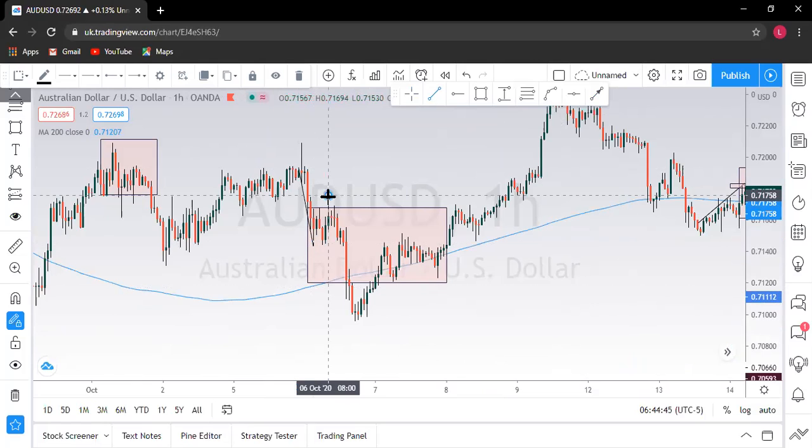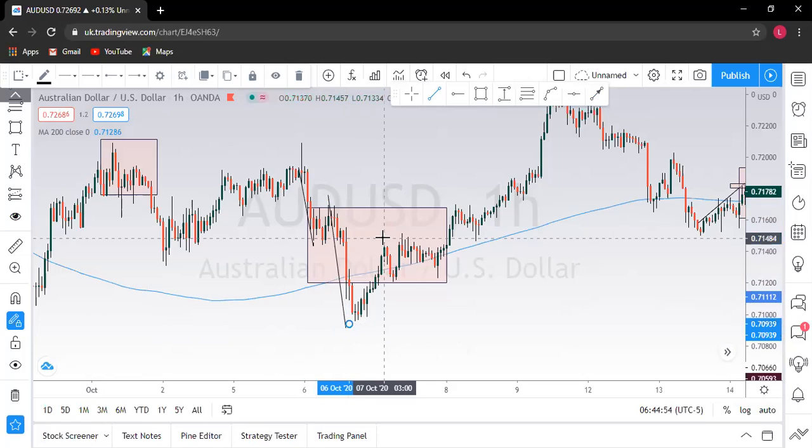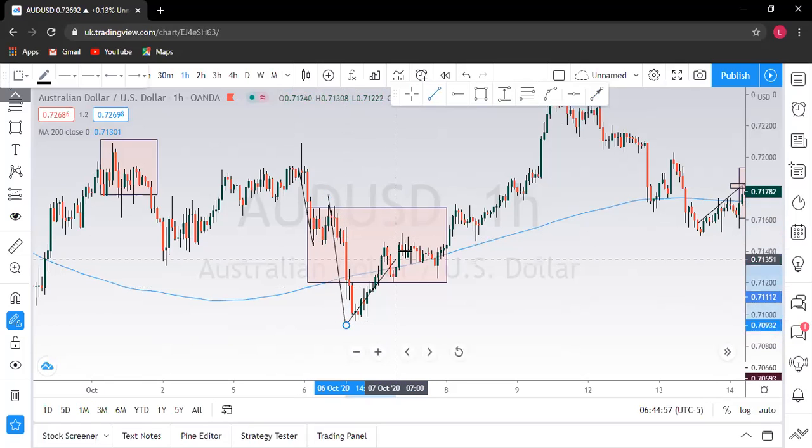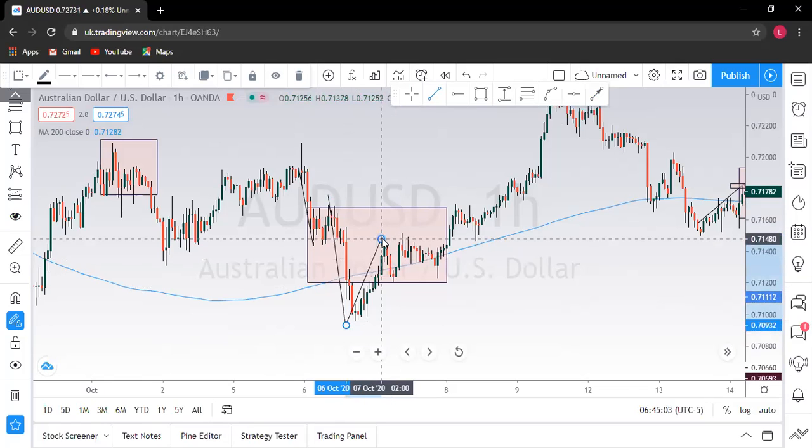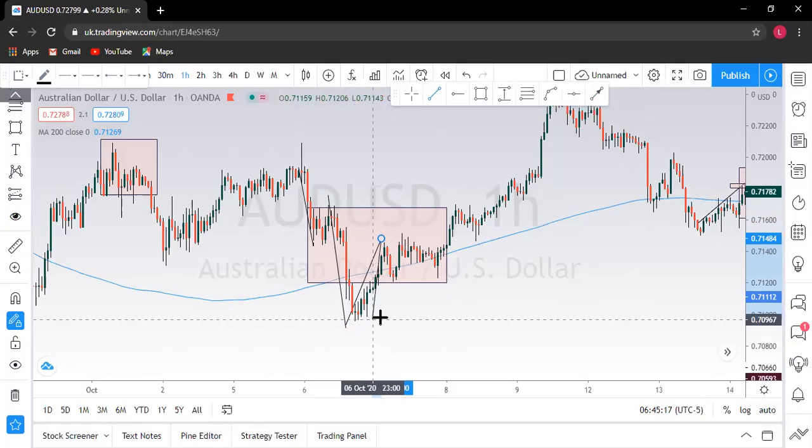A lower high, then came down to form a lower low, then went up to form a lower high, then could not go below this low to form a new lower low.